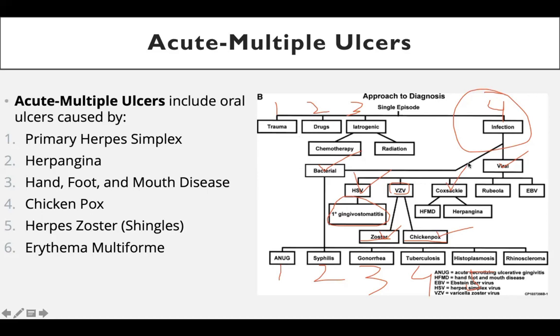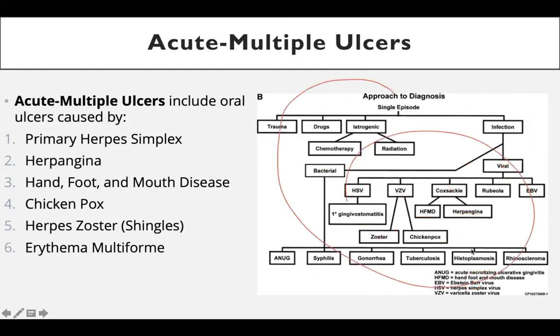Other than that, Coxsackie type A causes herpangina and hand, foot, and mouth disease. And then we have rubella, measles, and Epstein-Barr virus. Nothing new, it's a good revision so that you can revise and reproduce at the time of exam.